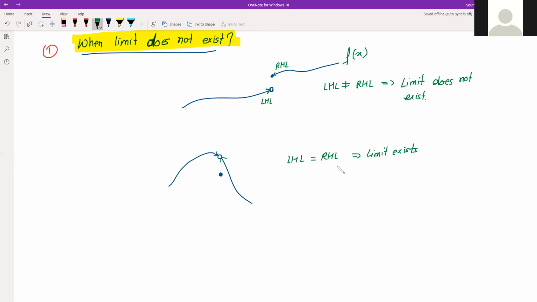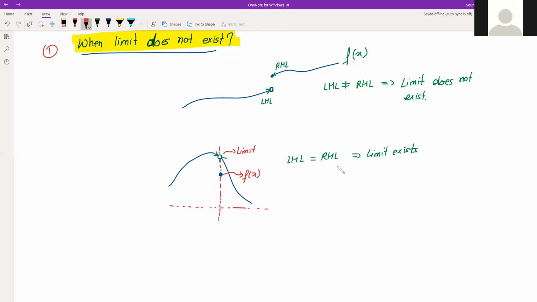But at that point, if you see, the value of that function at that point is something else. The value of that function is actually this dot which you are seeing here, the blue dot. So this is f of x and this is the limit.